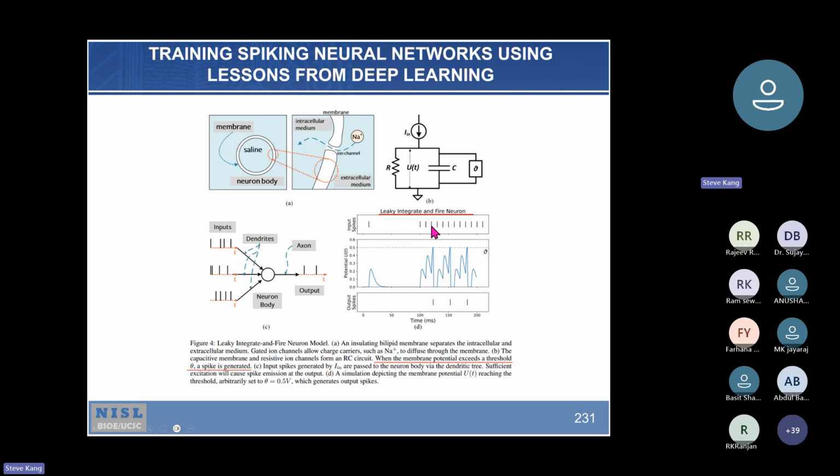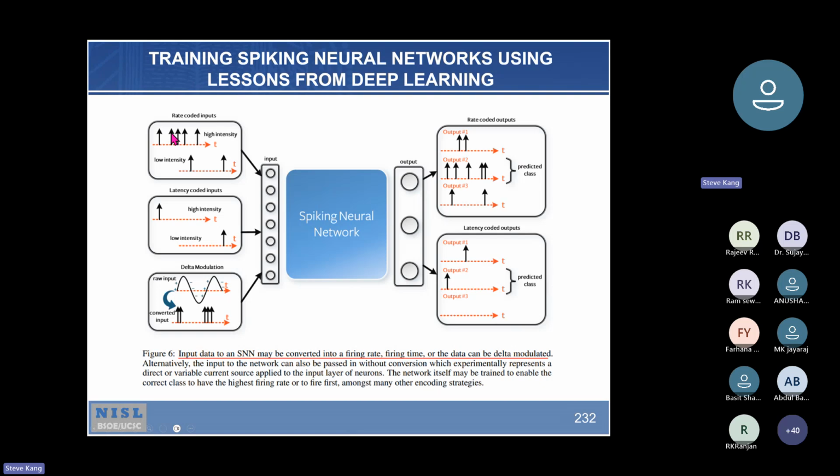But if they come very closely like this, it piles up like this, and then reaches a threshold, fires, resets, and then the next one also piles up and fires, and then resets, and then piles up and fires. So in the output, you have 1, 2, 3. So this is the input stream, and after going through the leaky integrate-and-fire neuron model, the output is going to be a spike 1 here and 3 here, for instance, right?